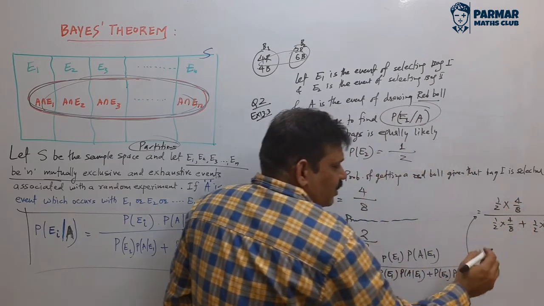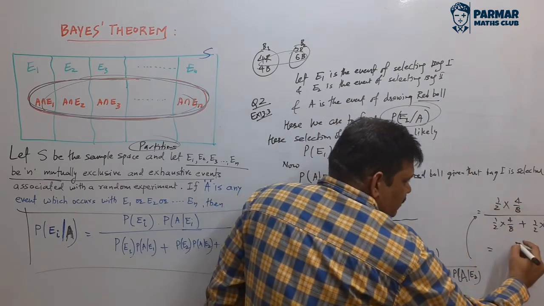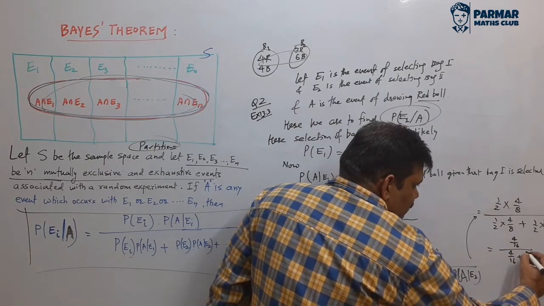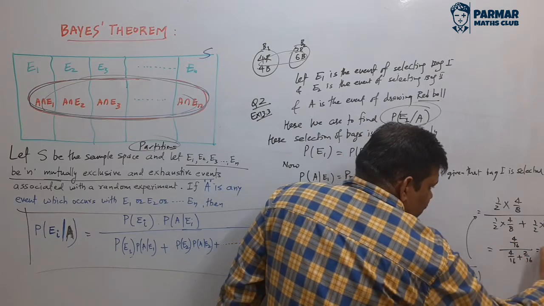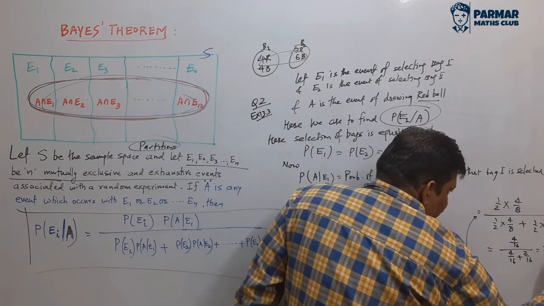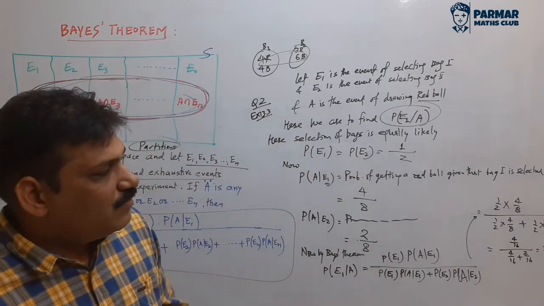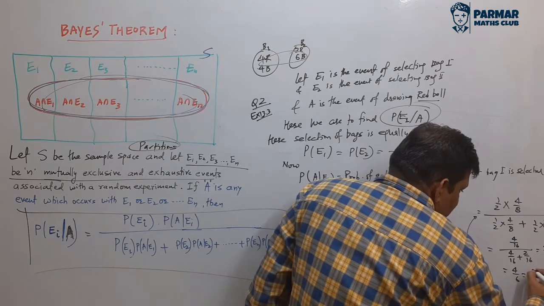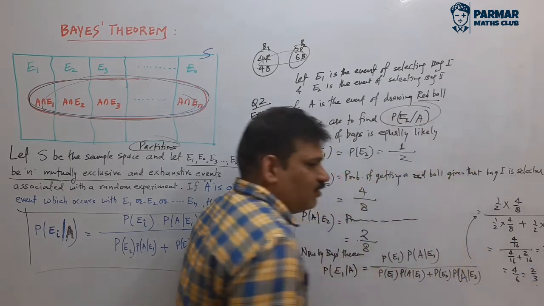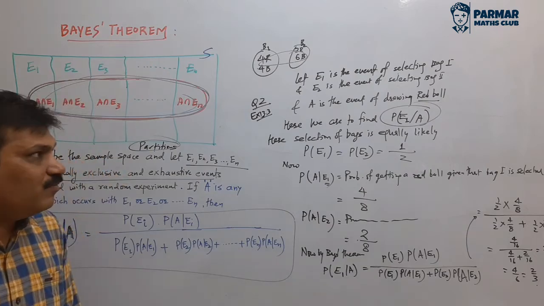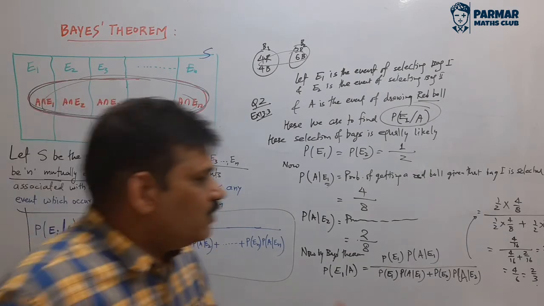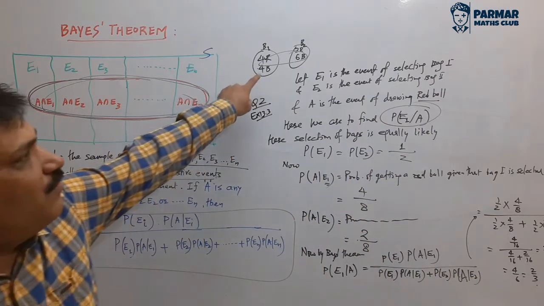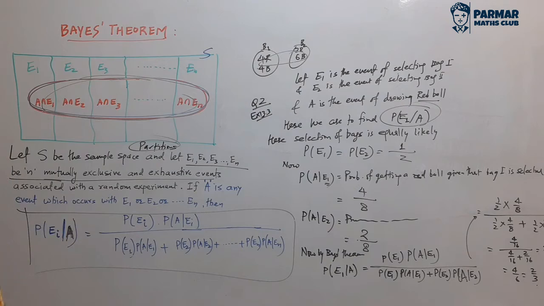Do not cancel it, because here you can see the LCM is 16: this is 4 by 16 and here it is 4 by 16 plus 2 by 16. Multiplying both the numerator and denominator by 16, we get 4 upon 4 plus 2, so 4 upon 6, that is 2 by 3. So if the drawn ball is red, then 2 by 3 is the probability that it was drawn from the first bag. This is how Bayes theorem works.